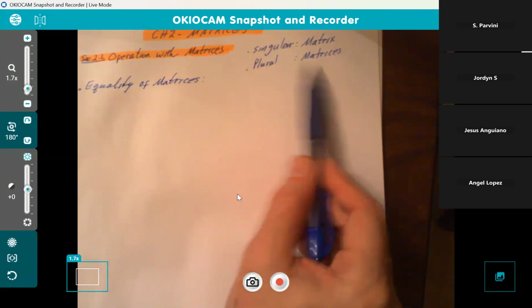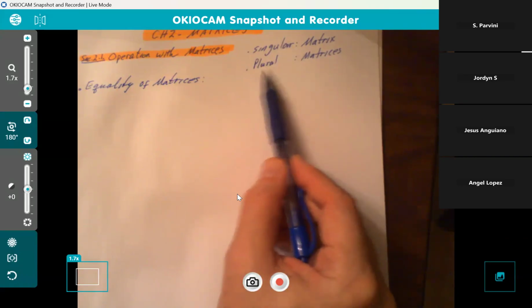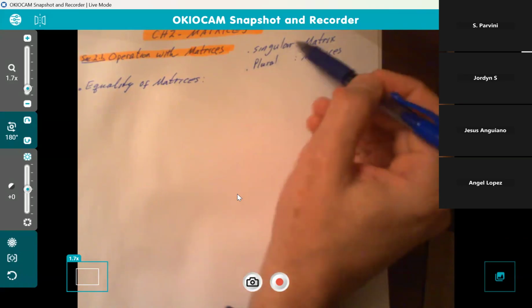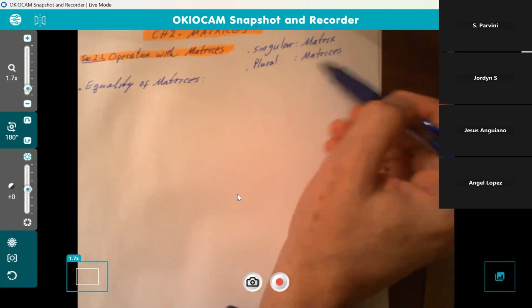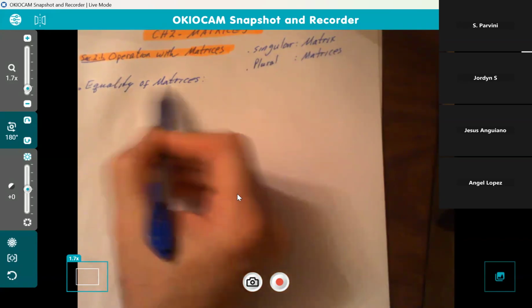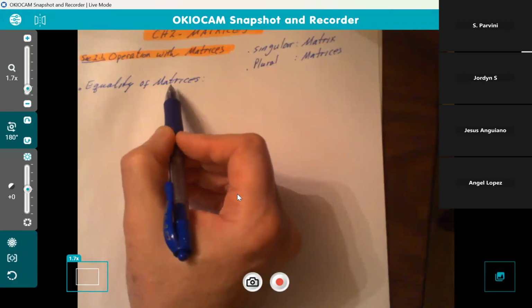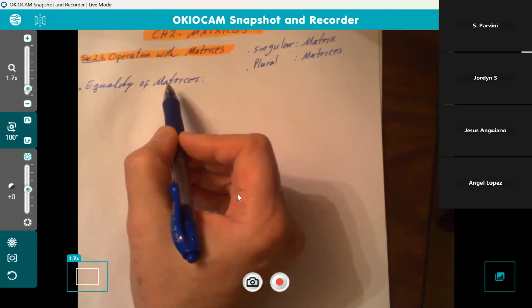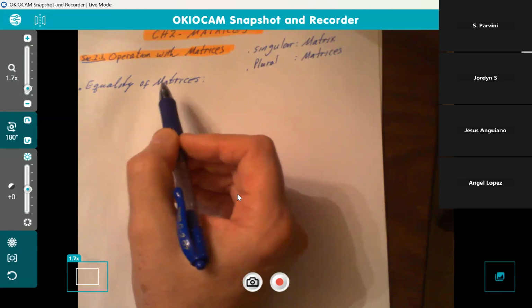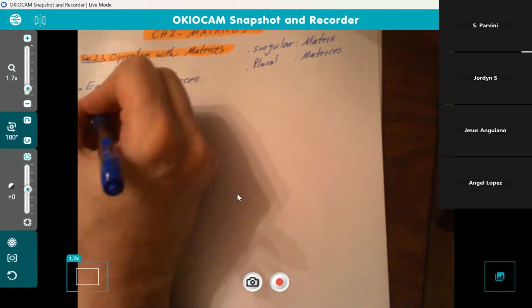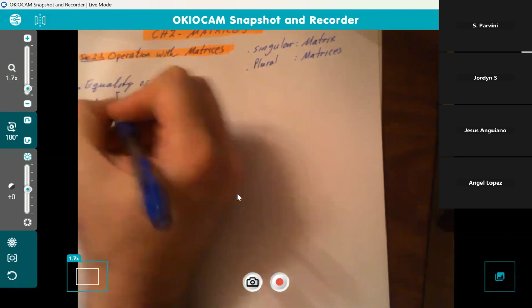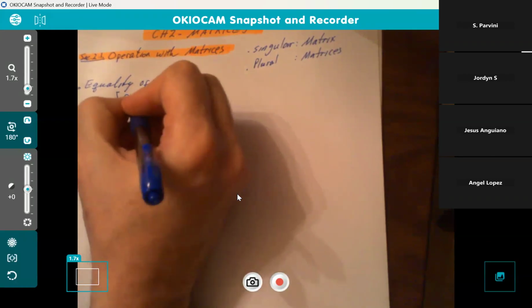When we have two or more matrices, so the plural version of matrix, that becomes matrices. So that means two or more. Equality of matrices, so two or more matrices.